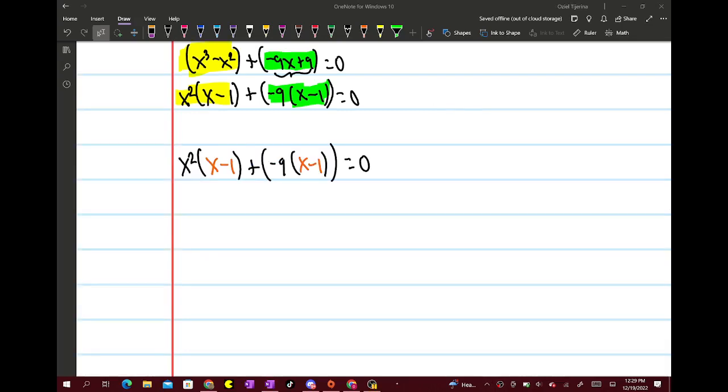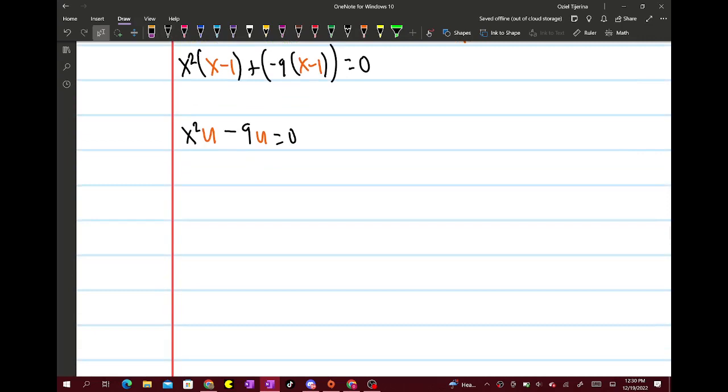If we make u equal to x minus 1, we get x squared u, and then minus 9u, because plus negative 9 is minus 9. So this is minus 9u equals 0.